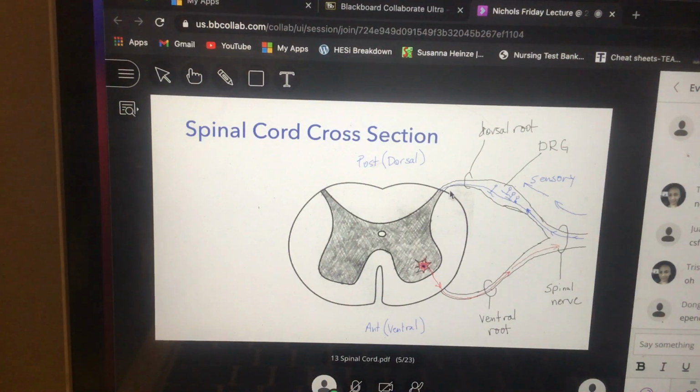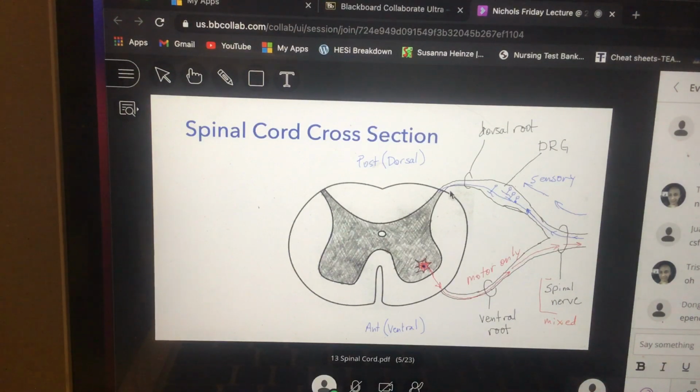Okay, now these pathways will eventually join together so that the spinal nerve is mixed. Again, the nerve itself, just like we said a few slides ago, contains both sensory and motor, right? But the roots are different: the ventral root is motor only, okay?